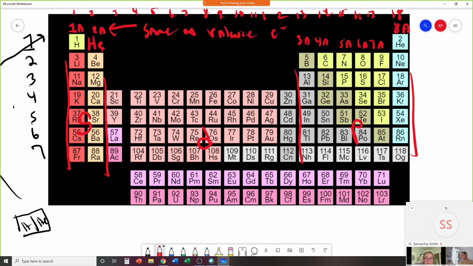Okay, so everybody here in this whole column has one valence electron. Everybody in this entire column here, all the way up, everybody has 7 valence electrons. Y'all see that? Everybody has 7. I want to emphasize that.